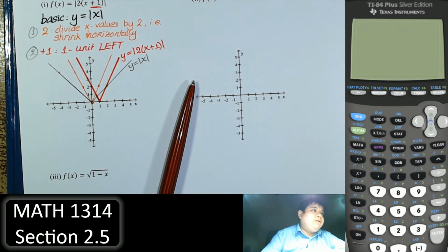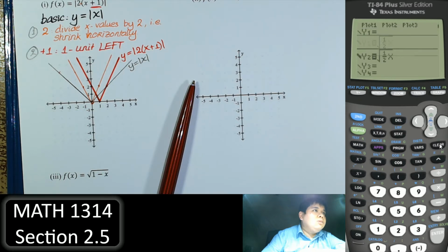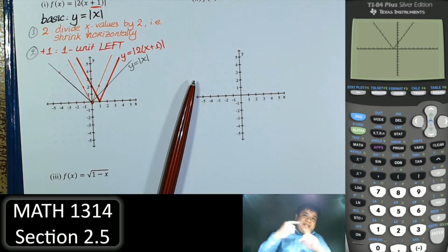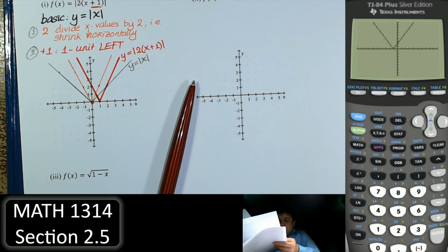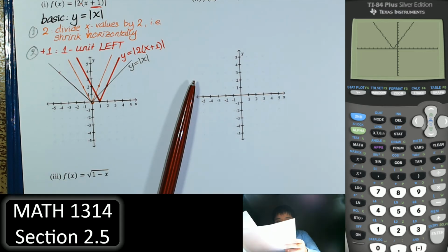If we want to graph, math, numerical, absolute value 2 times x plus 1. Okay, I'm glad I checked that. To the left, meaning that left side. Yeah, I just moved to the right.